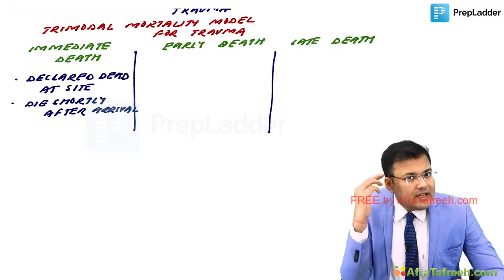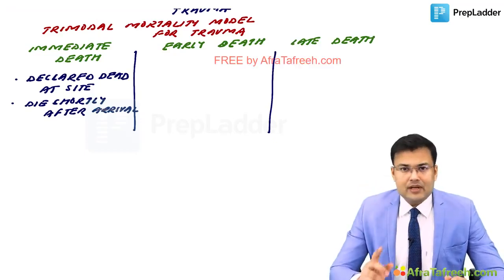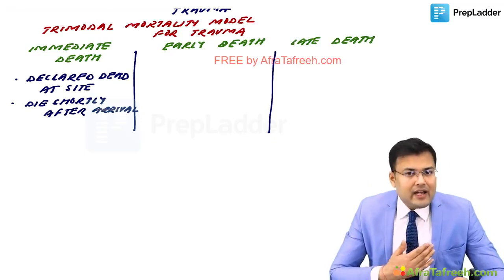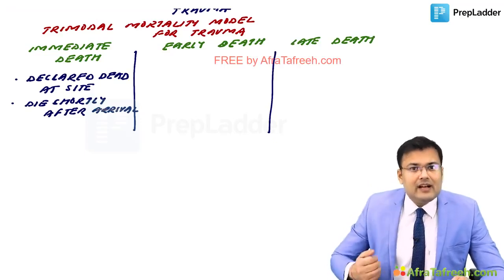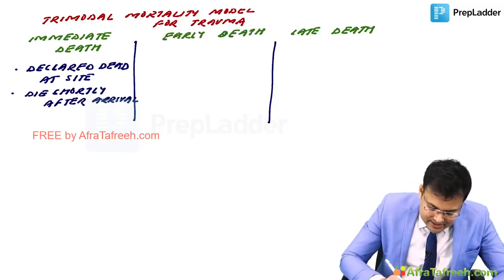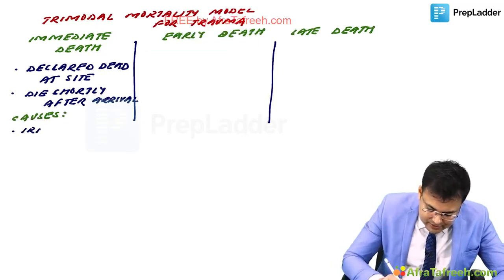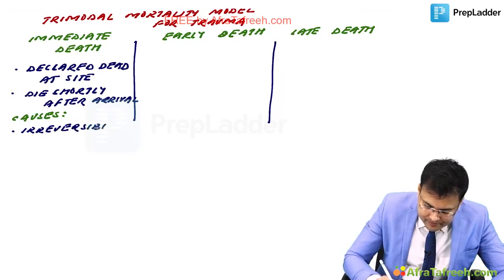Now what are the causes of immediate death? Sometimes these patients have irreversible brain injury, and sometimes there is massive hemorrhage because of injury of heart, aorta, lungs, liver and pelvic fracture. So these patients might have irreversible brain injury, right?